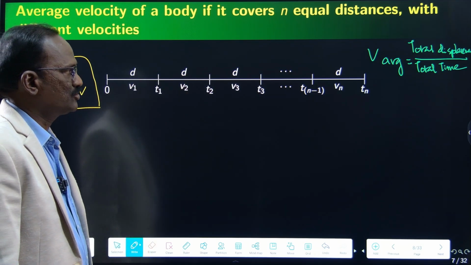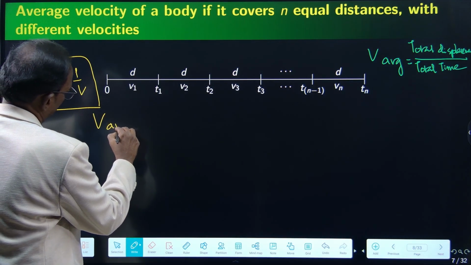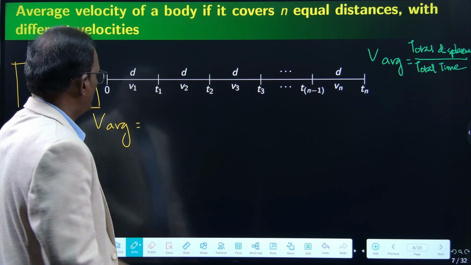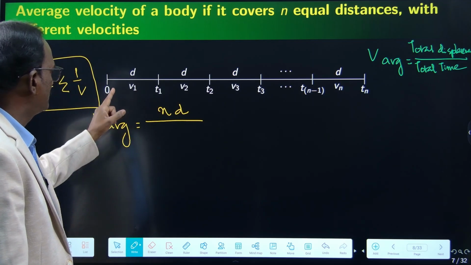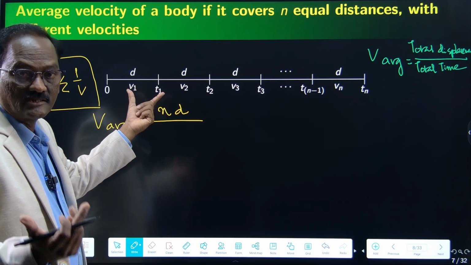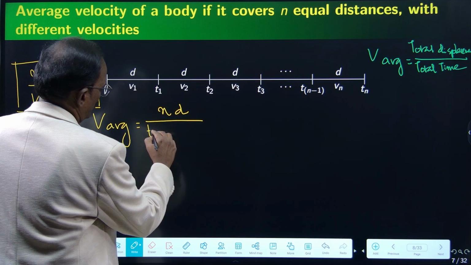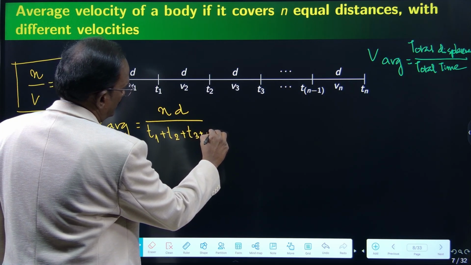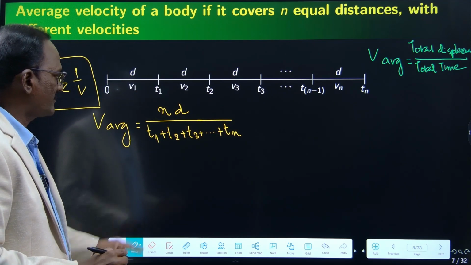V average is equal to total displacement over total time, right? V average is equal to total distance, d plus d, n times. So total distance is n into d upon total time, t1 plus t2 plus... In this interval the time taken is t1 seconds. In this interval time taken is t2 seconds. So I am going to add all the times, plus t3 plus and so on, up to the nth time interval, right?